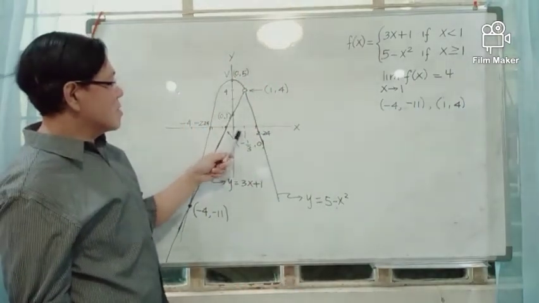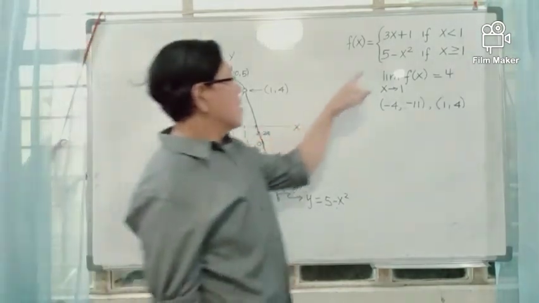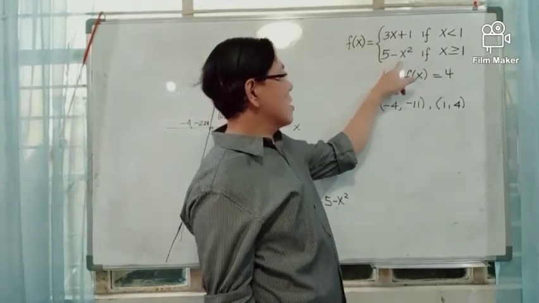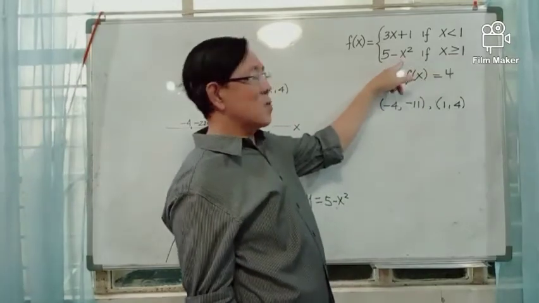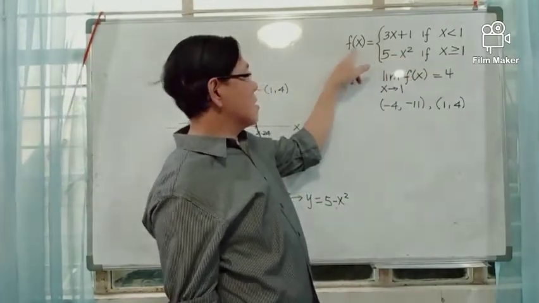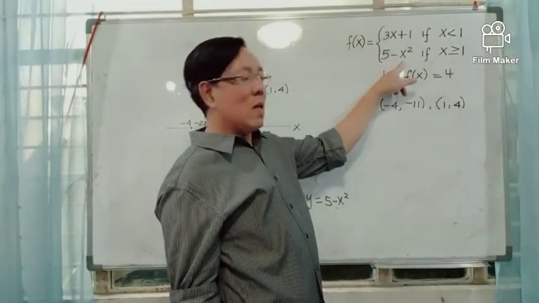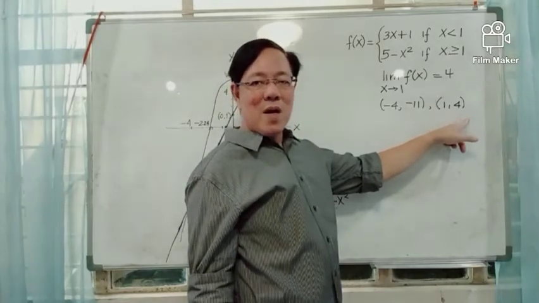And this is x equals 1. For this part of the function 5 minus x squared, x can be equal to 1. And when x is 1, you can see that the value of the function is 5 minus 1 squared, which is 4. When x is 1, the value of the function is 4.